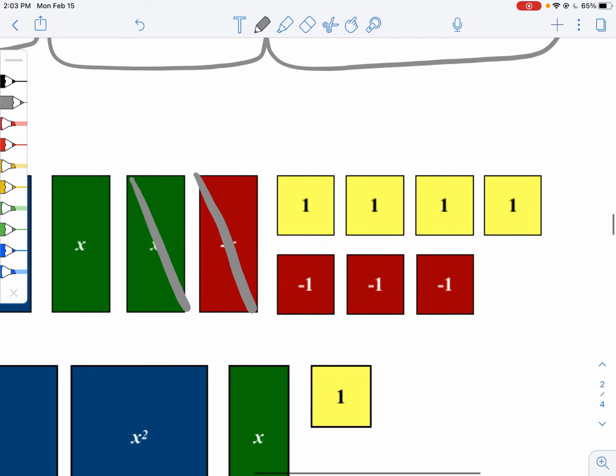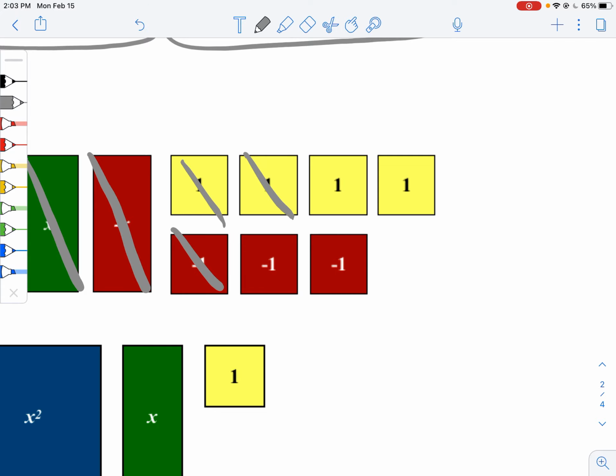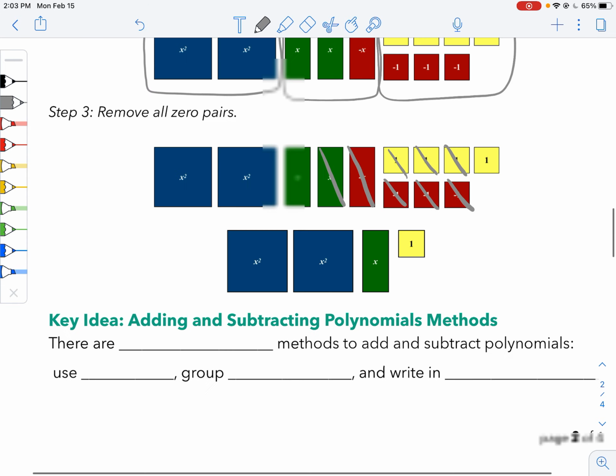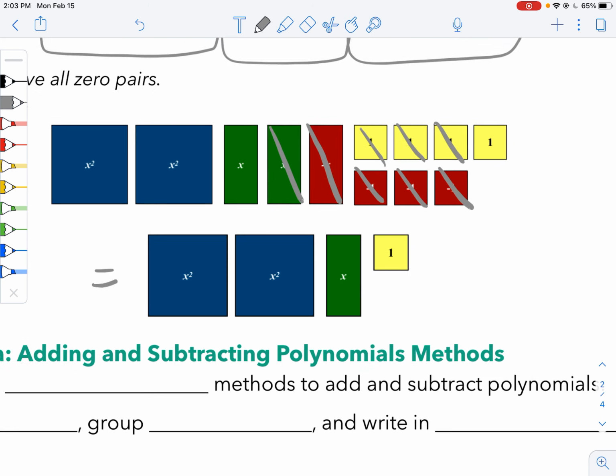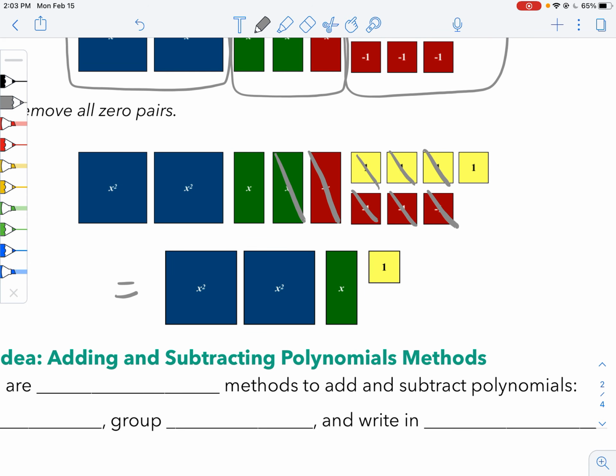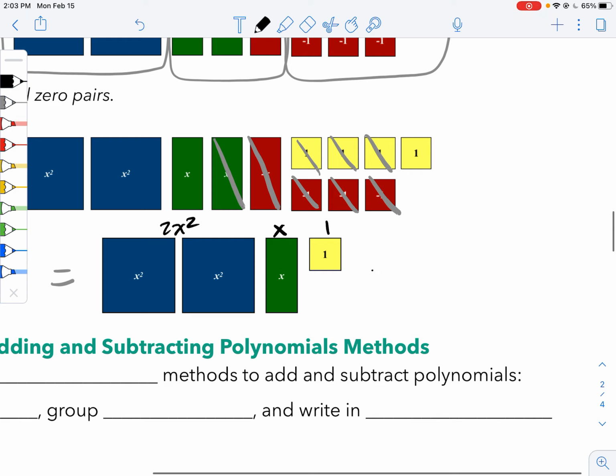That cancels out. I've got a plus 1 and a minus 1, a plus 1 and a minus 1, a plus 1 and a minus 1. Excellent. That leaves me with 2 x squareds, an x, and a 1. So our final answer here is 2x squared plus x plus 1.